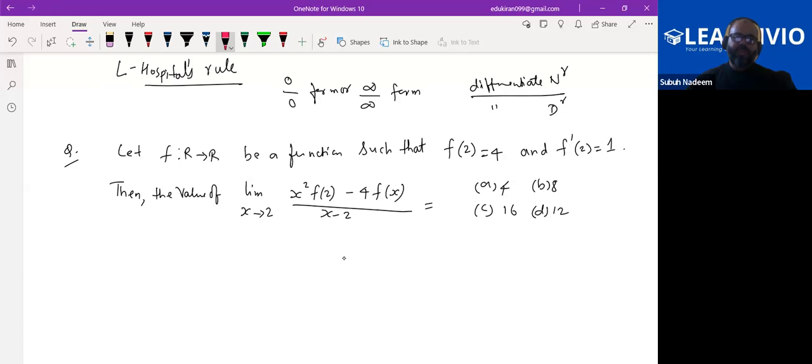You have to differentiate the numerator and the denominator, right? So what you will get when you differentiate the numerator and what you will get when you differentiate the denominator.